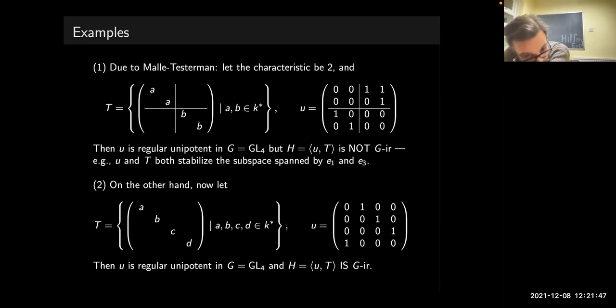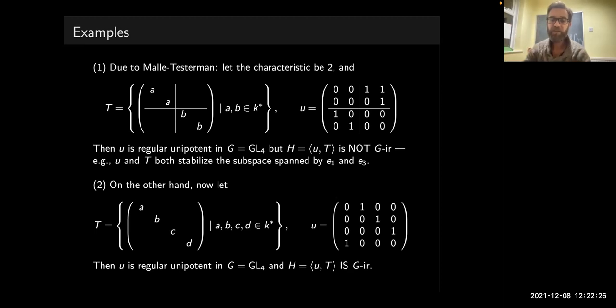I take the full maximal torus this time and an element representative of a 4-cycle in the Weyl group, and this is also unipotent and regular, but this time the subgroup is irreducible. It's not contained in any proper parabolic. That's kind of obvious. You try to find a subspace stabilized by this thing, you're going to fail, because T will be able to scale and U will be able to shuffle coordinates and you'll be able to generate everything. So this is acting irreducibly.